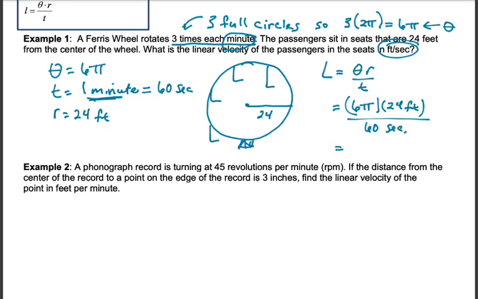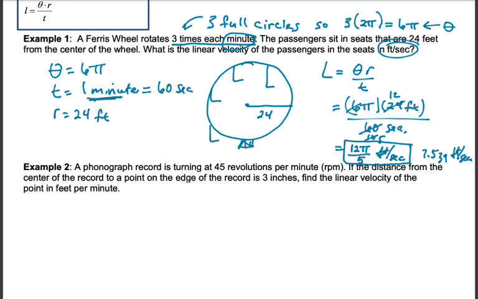When you simplify that, 6 goes into 60 10 times, so it cancels, and then it becomes 12 and 5. So that ends up being 12 pi over 5, and my units are feet per second. That's an exact answer. If you were to get a decimal, it would be 7.539 feet per second.